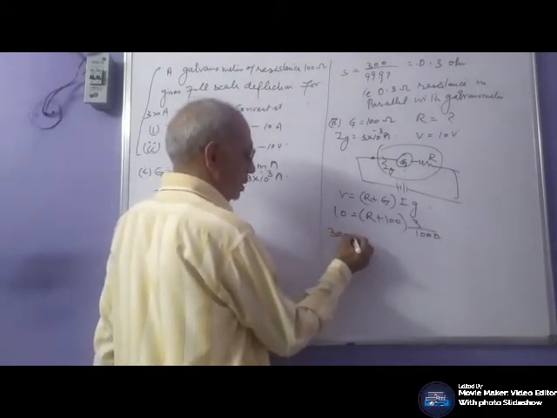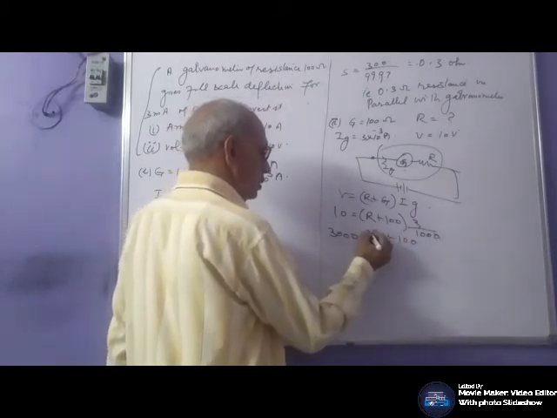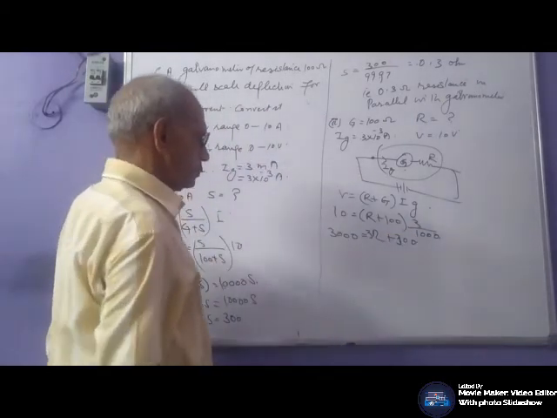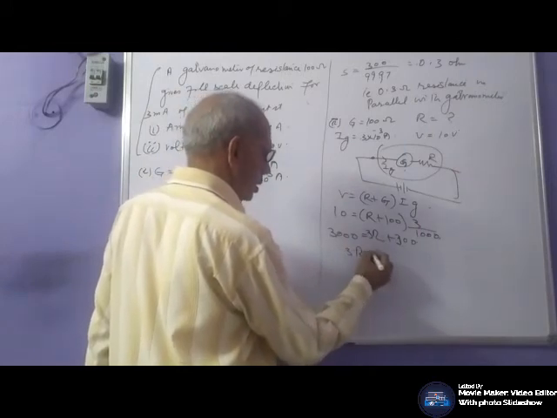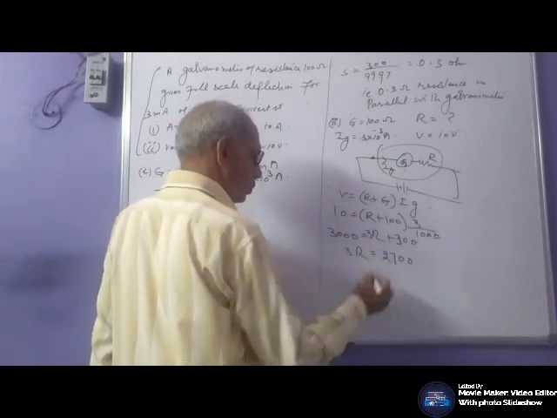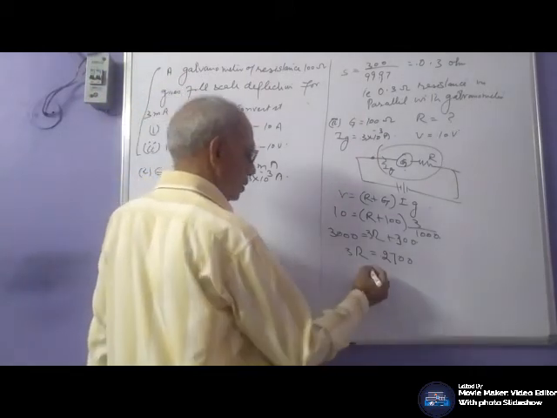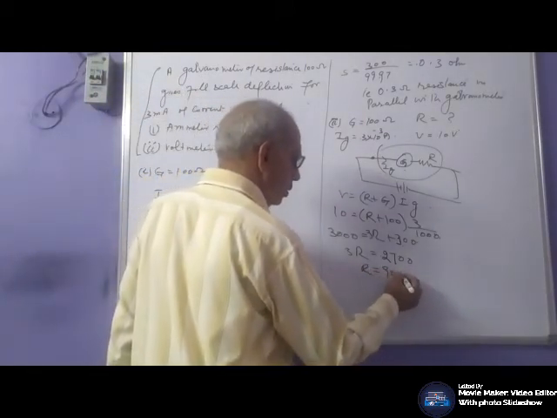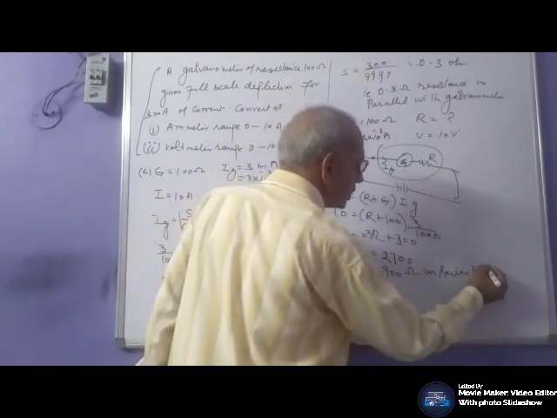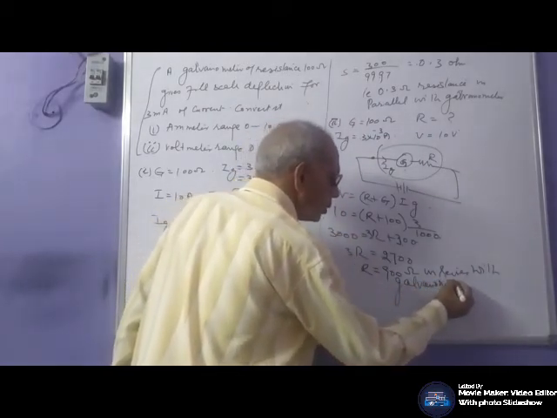So it is 3000 into R plus 100, and R is what ohm, in series with the galvanometer.